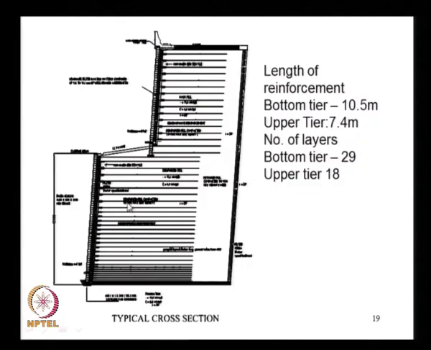The length of the reinforcement that was designed in the bottom tier was 10.5 meters and in the upper tier 7.4 meters, and the total number of reinforcement layers in the bottom tier are 29 and in the upper tier 18. As you can see, at the bottommost the vertical spacing is very low.